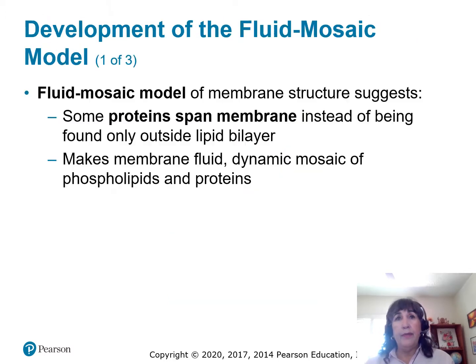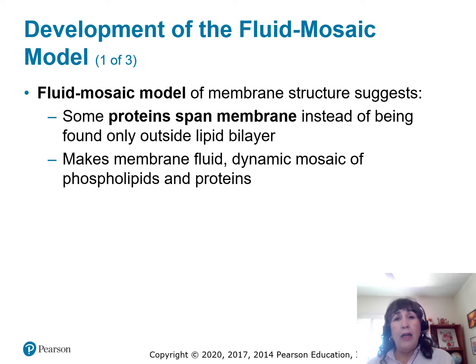This gives the term fluid mosaic model. So what does the fluid mosaic model indicate? It suggests that our plasma membrane is not actually made of just a phospholipid bilayer, but there are other things involved. It's much more complex.